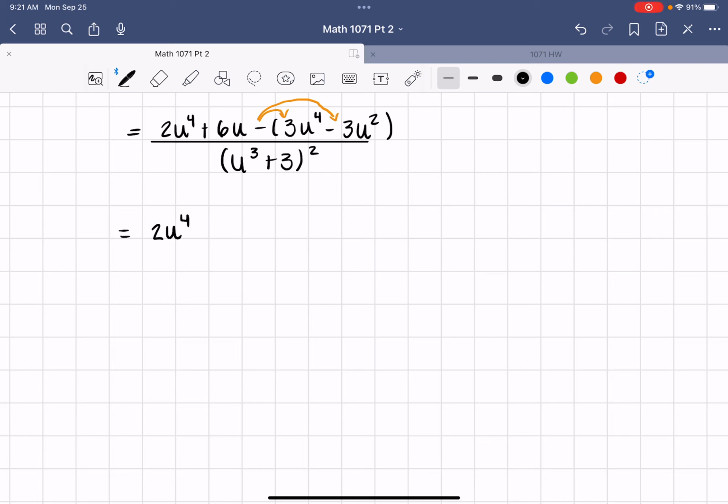And so 2u to the 4th minus 3u to the 4th is negative u to the 4th plus 6u plus 3u squared over u cubed plus 3 squared. And that's as far as you can go. Is that okay?